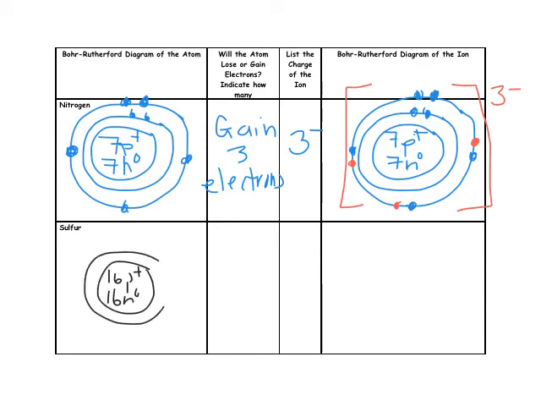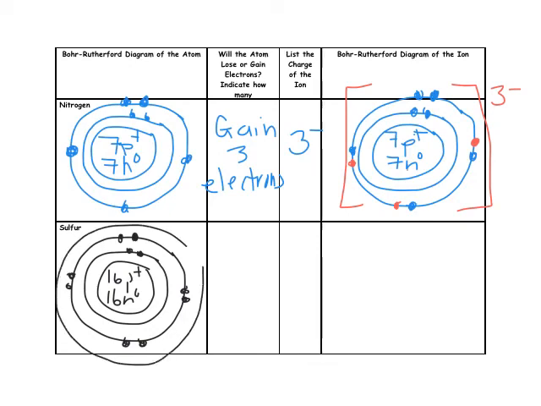And we're going to draw a circle around that nucleus because now we have to place 16 electrons. Notice that the second shell is going to be full. And we actually are going to have to draw one more shell. That last shell will have 6 electrons in it.